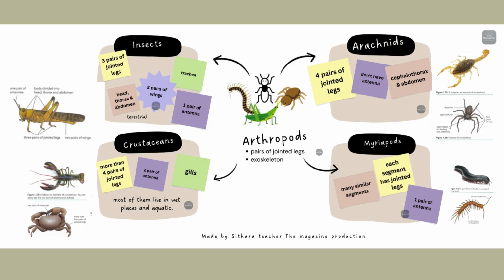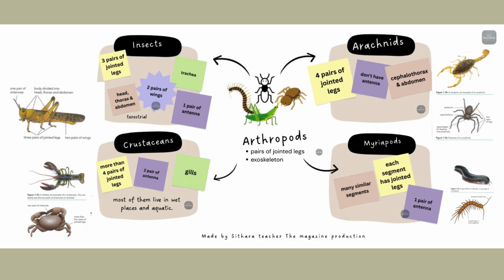They don't have lungs, but they respire through the trachea, and they have two pairs of wings. They have one pair of antennae, and their body can be divided into three parts: head, thorax, and abdomen. So these are the main features of insects.